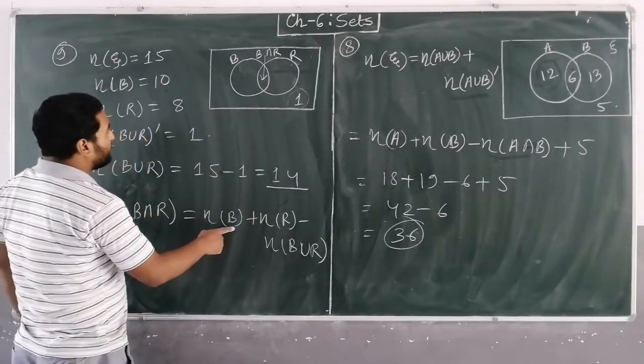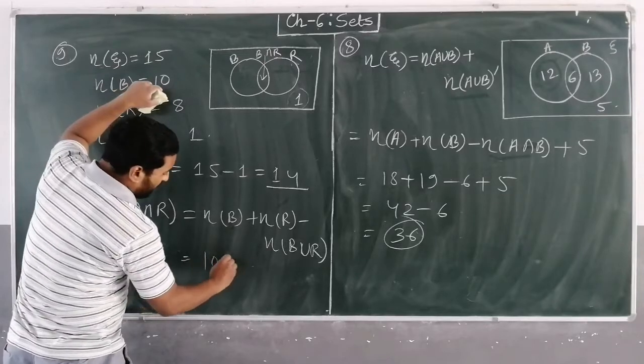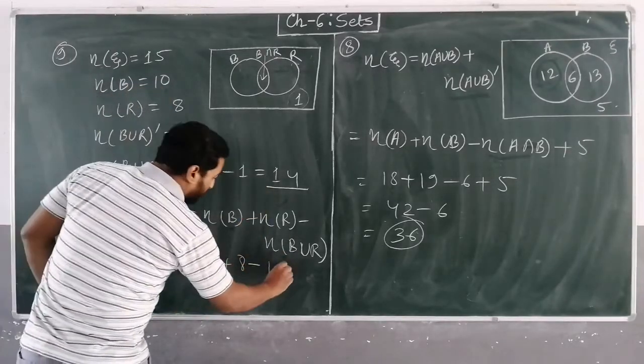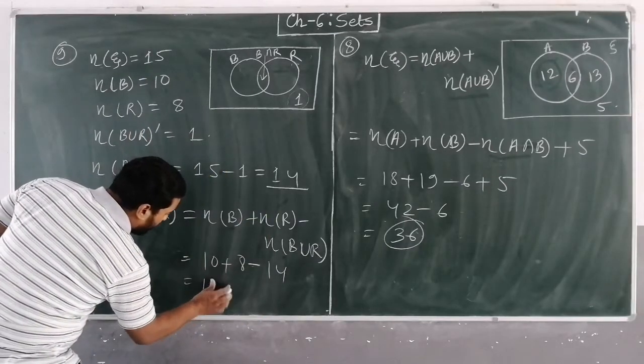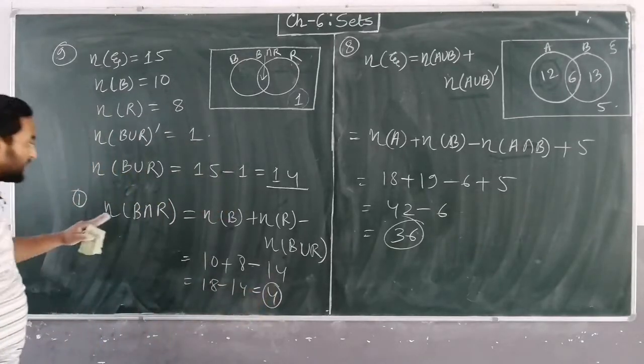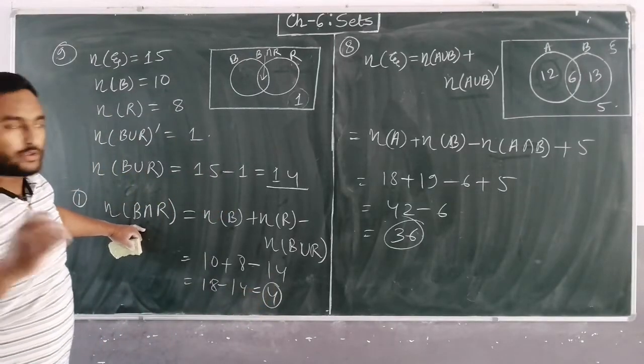Number of girls with bangles is 10, ribbons 8, and B union R is 14. So 10 plus 8 is 18, minus 14 equals 4. So 4 girls are buying both the items.